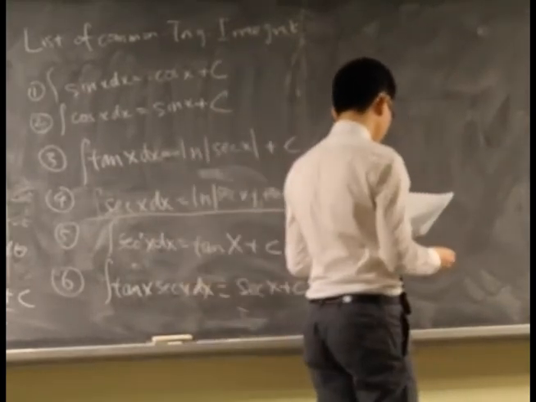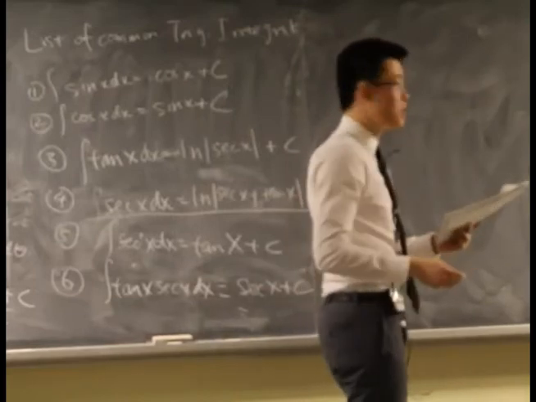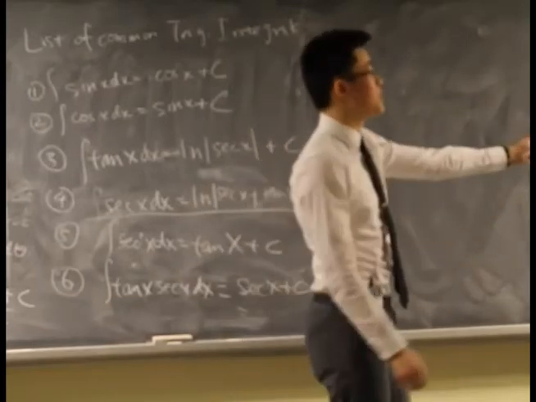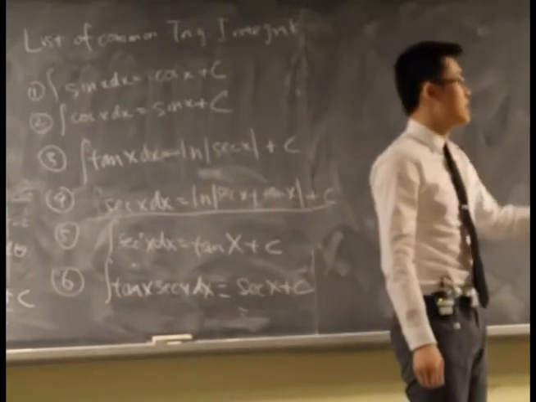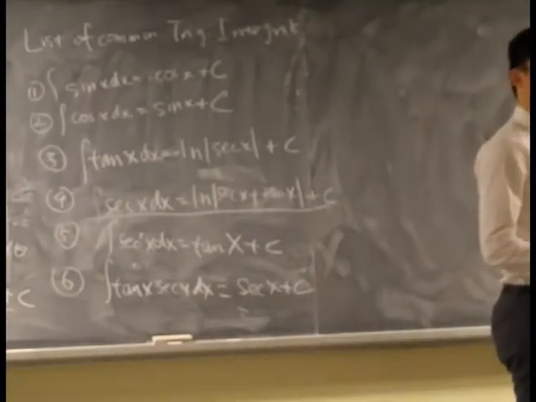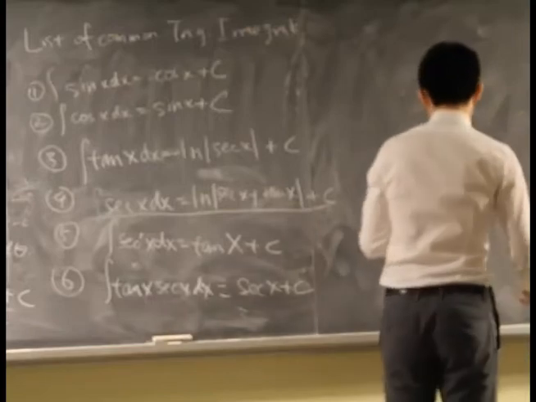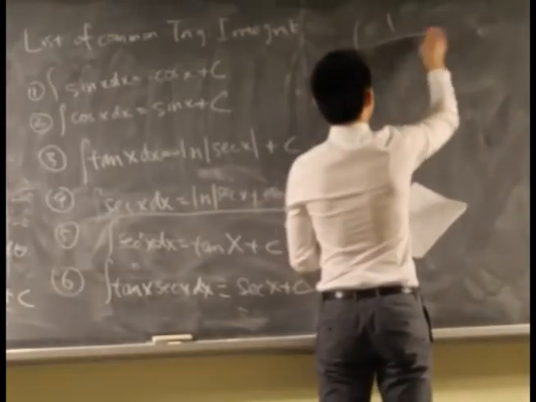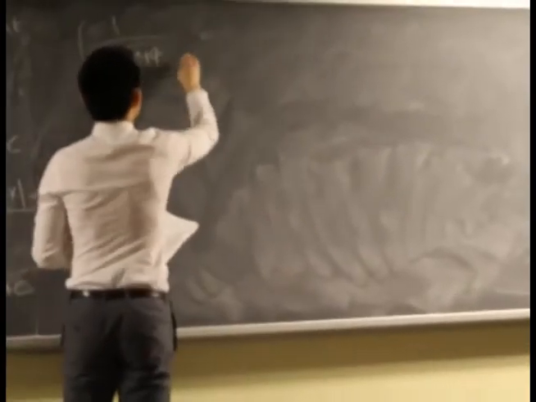All right. So sometimes we don't exactly have the standard forms as indicated there. We don't have square root of 1 minus x squared. We might have square root of 4 minus x squared. And I'm going to illustrate with an example where we have square root of x squared plus 4 instead.